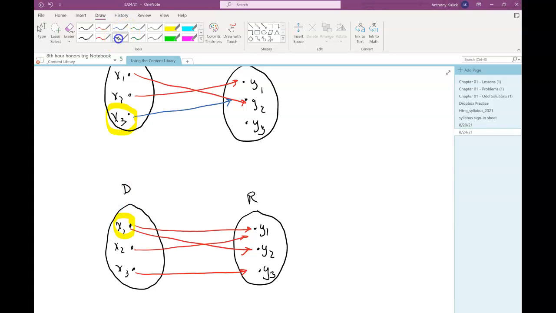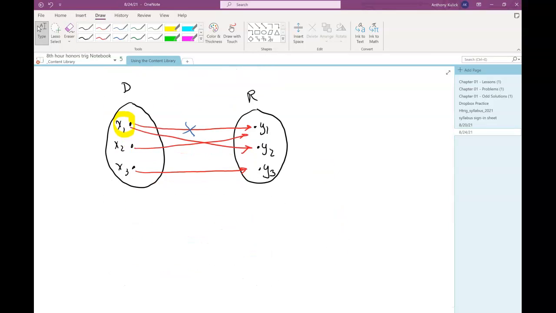X1, right? So one way I could make this into a function would be to just get rid of one of those arrows coming out of X1. Does it matter which one I get rid of? No. So everybody happy there? Good. That tends to be a relatively easy to deal with representation.